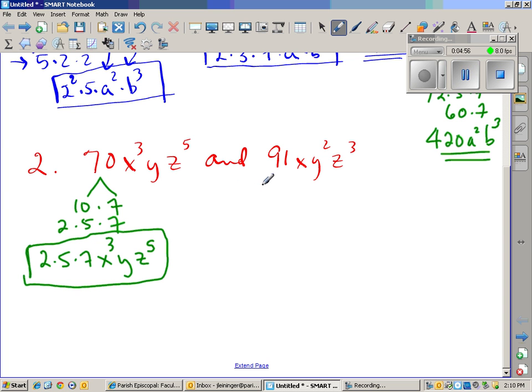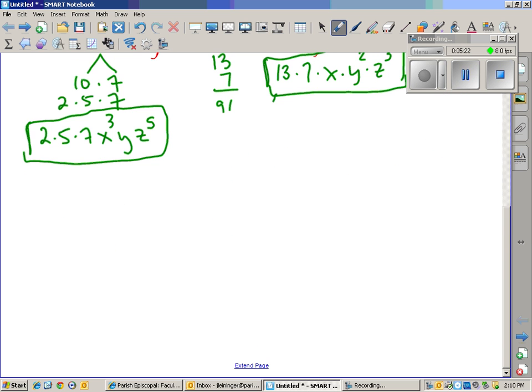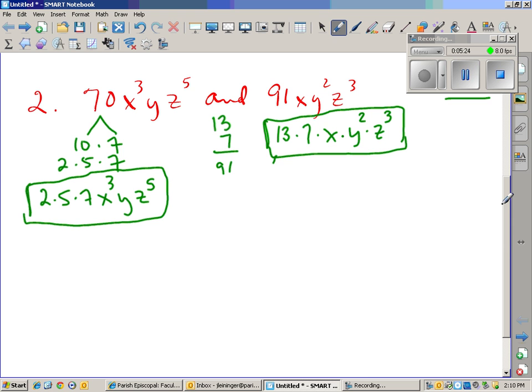I think that it is 13 times 7. Yep, 13 times 7 times x times y squared times z cubed. And box it up. This is where it helps to know those prime numbers that are on our prime number sheet that we did early in the chapter.